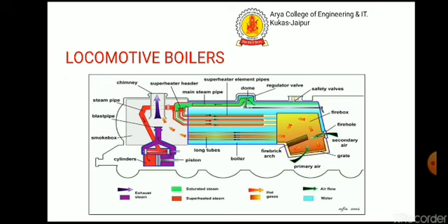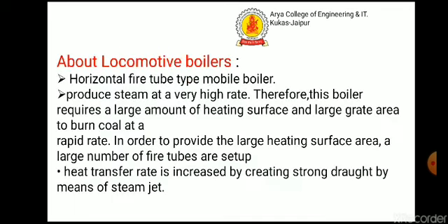This is the working of the locomotive boiler, where accessories like the superheater header, superheater element pipes and wet steam header are attached to increase the efficiency of the boiler. About locomotive boilers: the horizontal fire tube boiler produces steam at a very high rate.